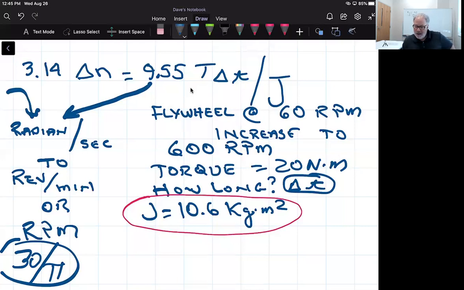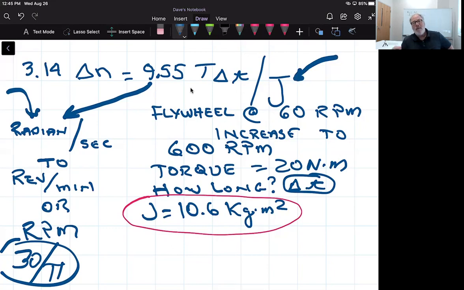So that's that. This T is the torque in newton meters. And this delta T is the interval of time in which the torque is applied. The J, again, is our moment of inertia that we've talked about earlier. He goes on to explain that if the torque is applied in the direction of rotation, the speed increases.